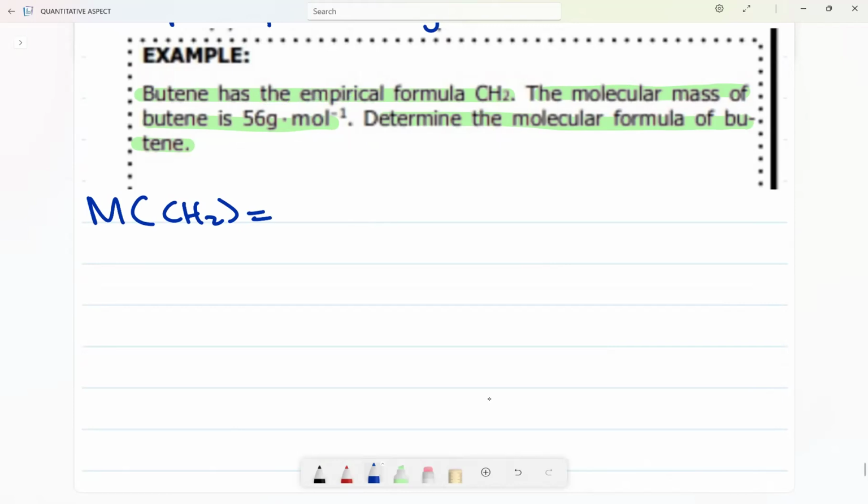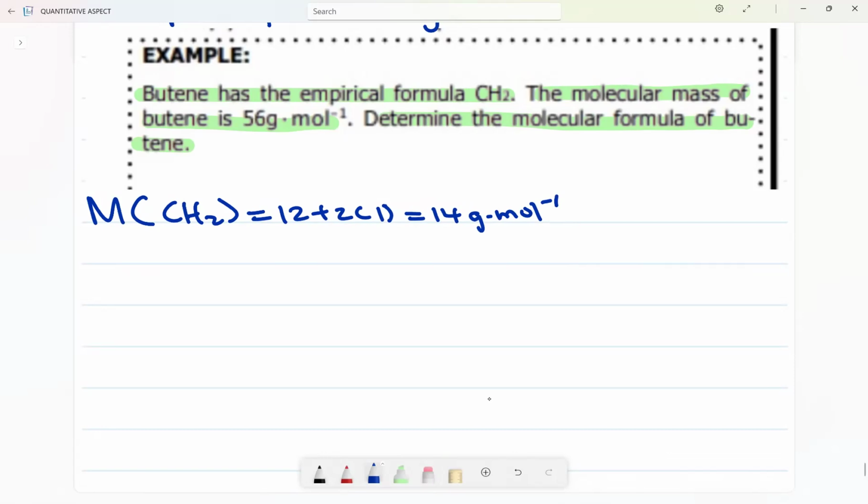So it's going to be 12 plus 2 into 1, which is 14 grams per mole.